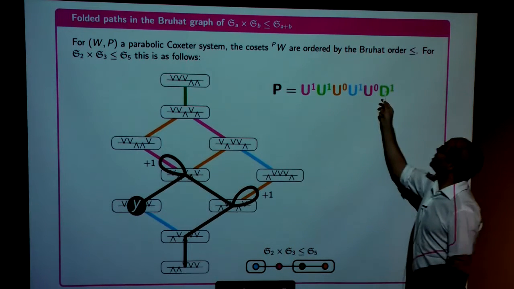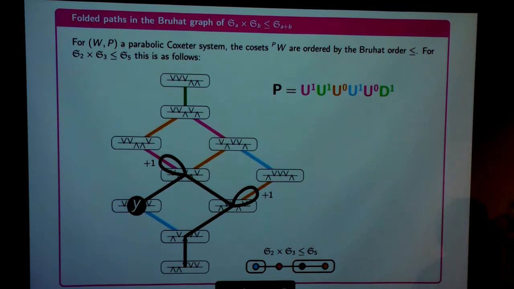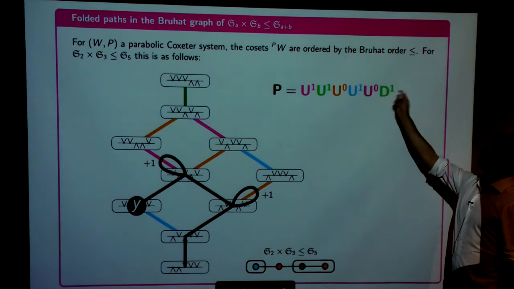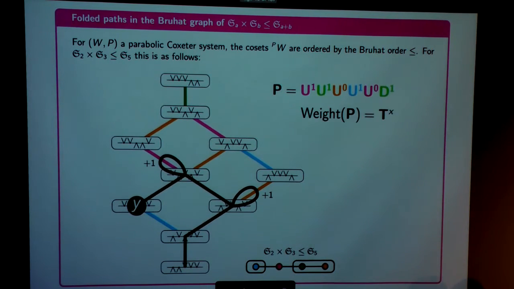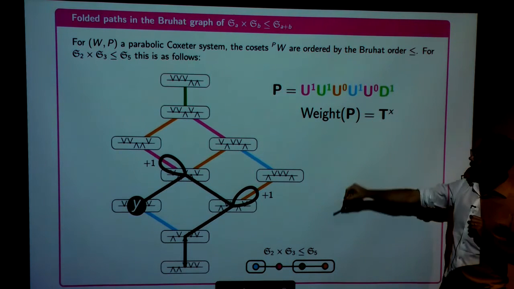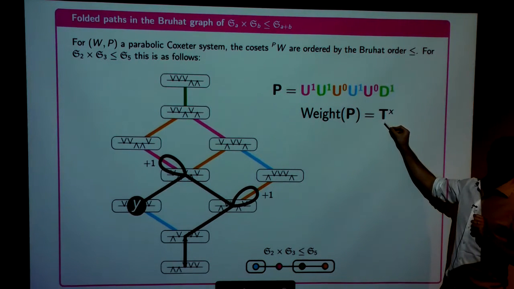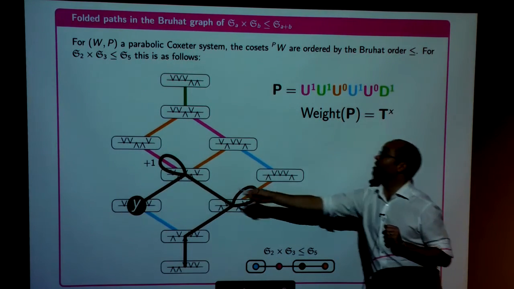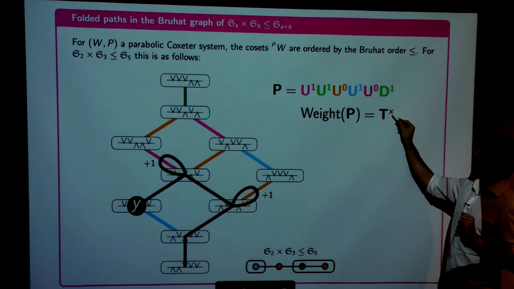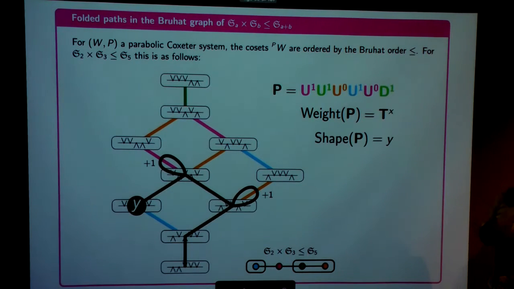And then I did go down, right? So that's what the ups and downs mean. I was going to do something, it tells you if it's up or down, and the 0, 1 tells you whether I did it or not. And here I write that the weight of this path is actually just the path on the previous slide, because the color sequence I used was identical. So this is the color sequence, but the shape is where it terminates.